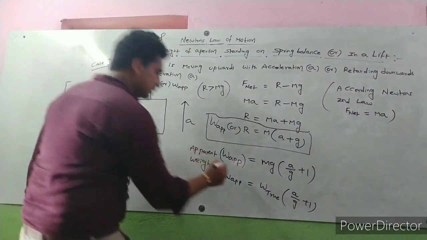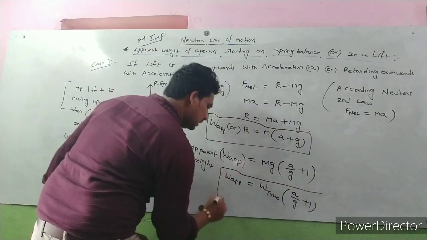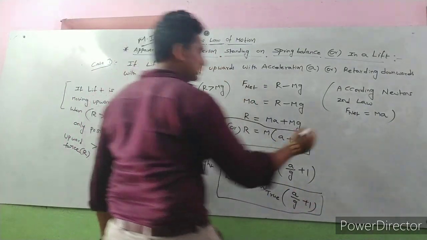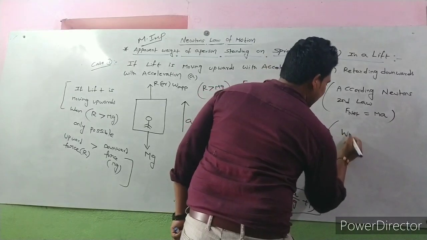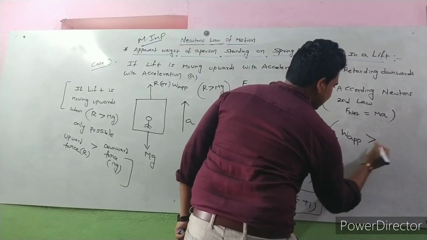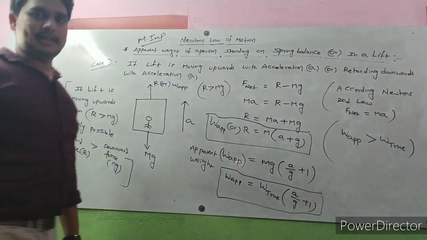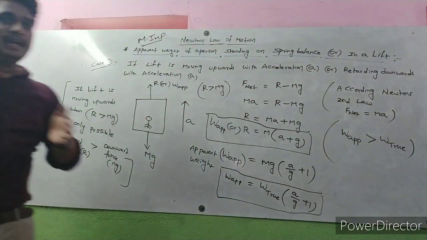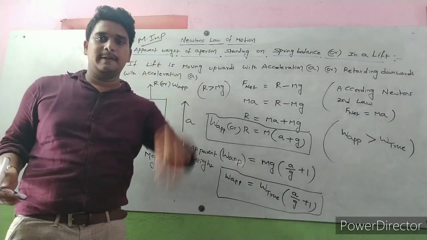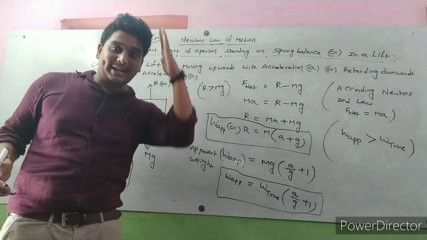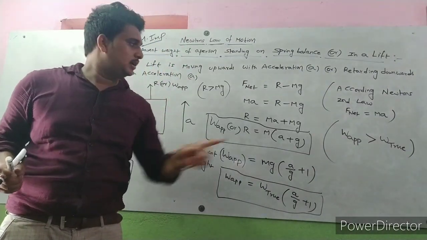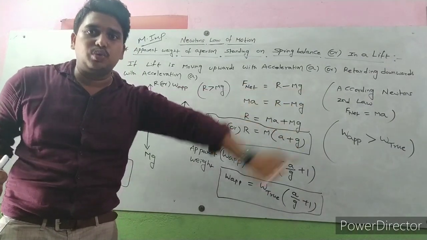So from this clearly we get W apparent is greater than W true weight. That means if the lift is moving upwards or retarding downwards, the apparent weight is greater than the true weight.